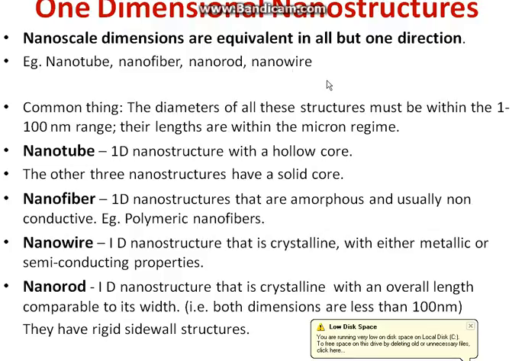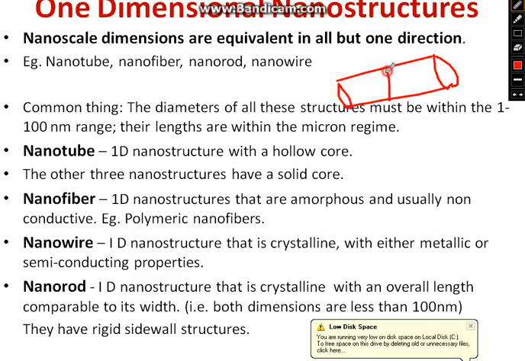So we say tube, fiber, rod, wire, and the essential thing here is that you have to note that all of these structures have a cylindrical shape. So when I say cylinder, the thing that we have to contend with is the diameter of these structures.